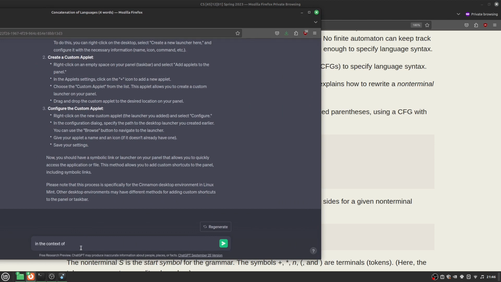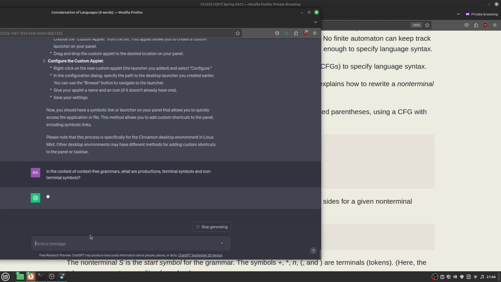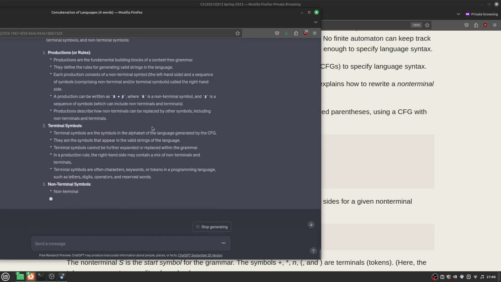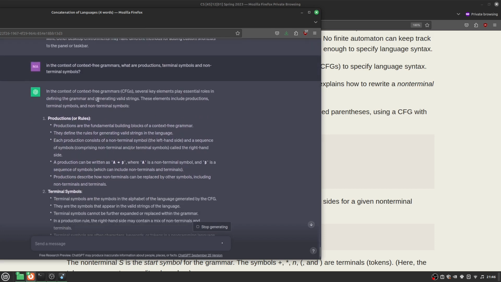In the context of context-free grammars, what are productions, terminal symbols, and non-terminal symbols? Several key elements play central roles in defining the grammar and generating valid strings. These elements include productions, terminal symbols, and non-terminal symbols.